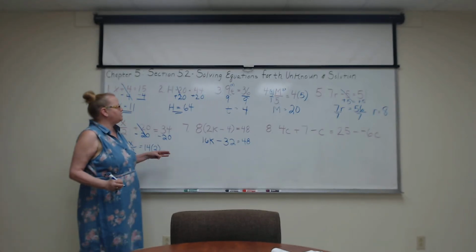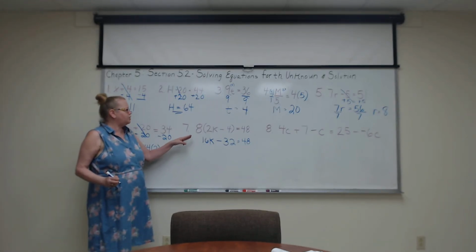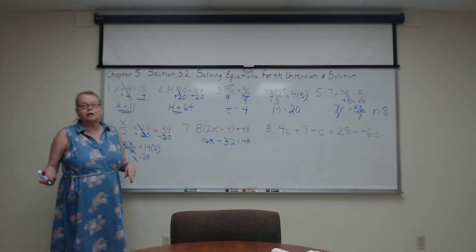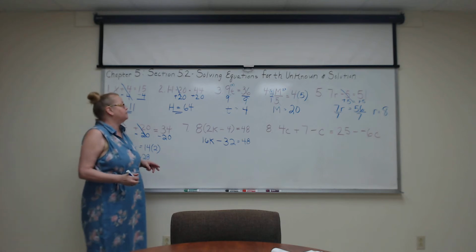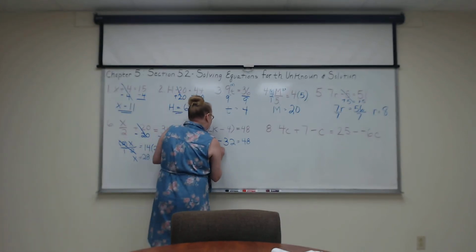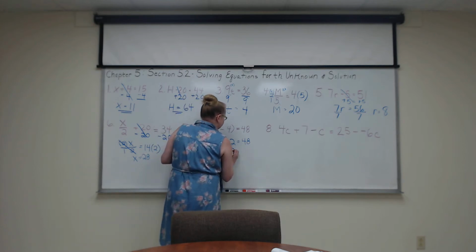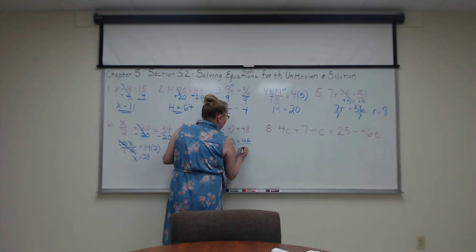So basically what we did was we did our multiplication to be able to move our terms so we can get numbers on the one side, letters on another side. So to make this work, we're going to go ahead and add 32 and add 32 here.